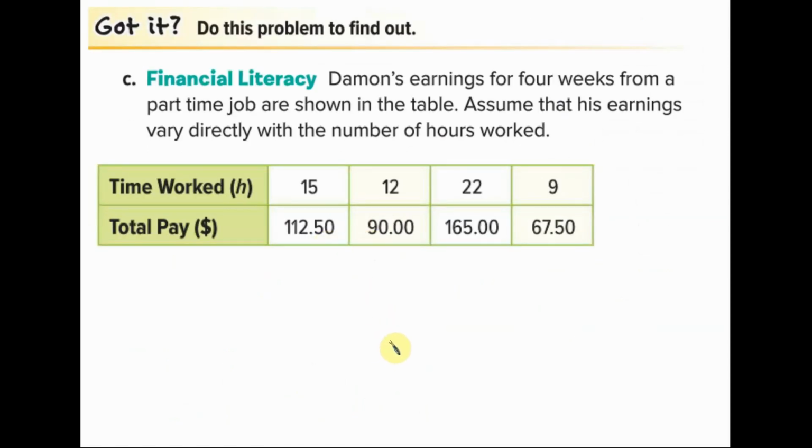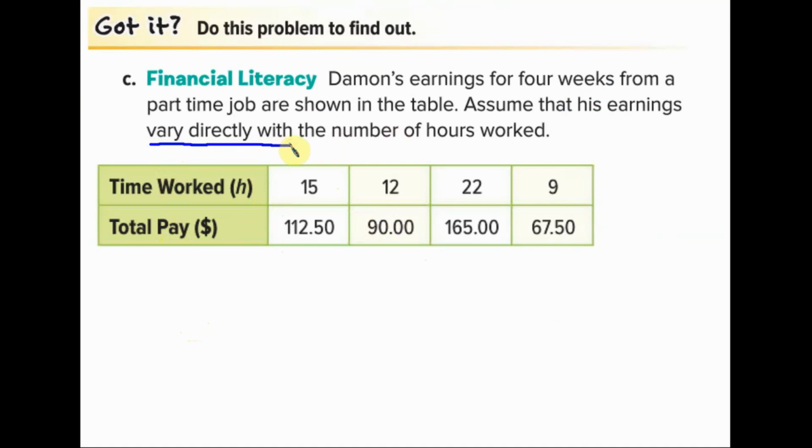Part C. Damon's earnings for 4 weeks from a part-time job are shown in the table. Assume that his earnings vary directly with the number of hours worked. So I still want to find how much he's earning per hour in this case, and in order to know which one is representing X and Y, I need to look at the sentence where it's saying something varies directly with.